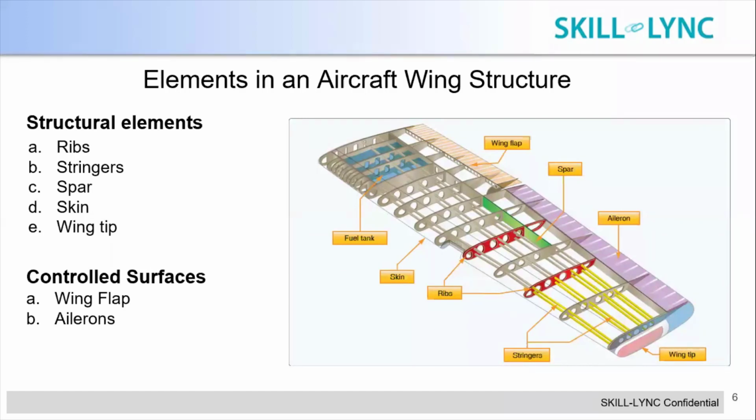The wing has, as I told you, controlled structures. As I told you in the previous slide, the wing flaps move back and forth. They even have structures in between called flap track beams, which guide the entire wing flap to go up and down as per the requirement of the pilot, right?